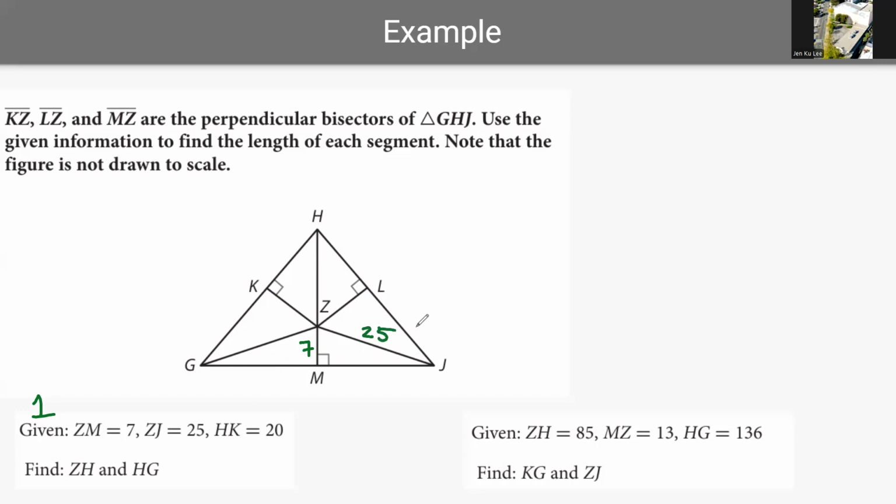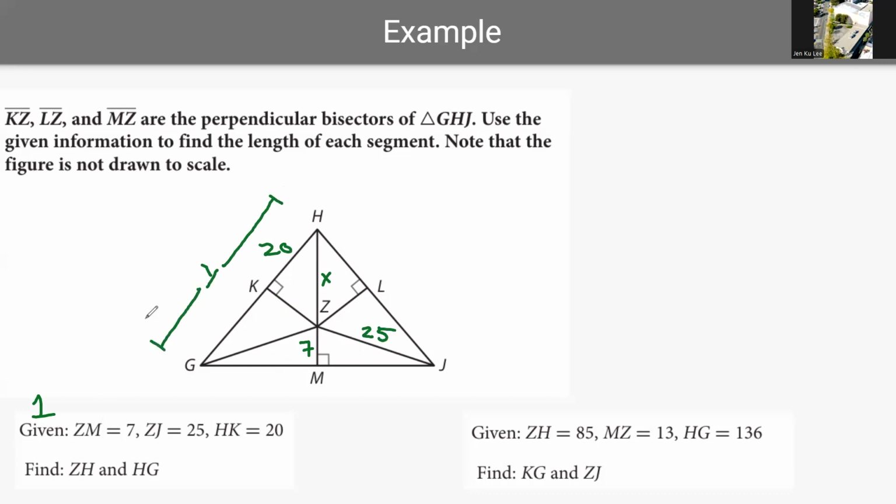HK is 20. Right? We have that. And we know the perpendicular bisectors. So ZH, we got to figure out. I'm going to label it X. HG, we got to figure out. I'm going to label this Y.